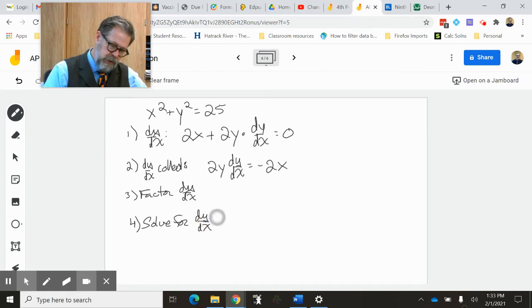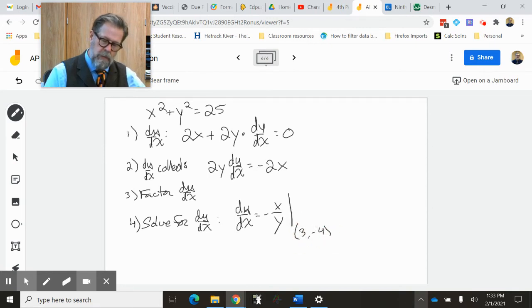I'll just do that by dividing both sides by 2y, and I get that dy dx equals negative x over y. So if you remember, my problem was I wanted to know the slope at 3 comma negative 4, and this will be 3 over negative 4 with a negative out front, gives me 3/4.